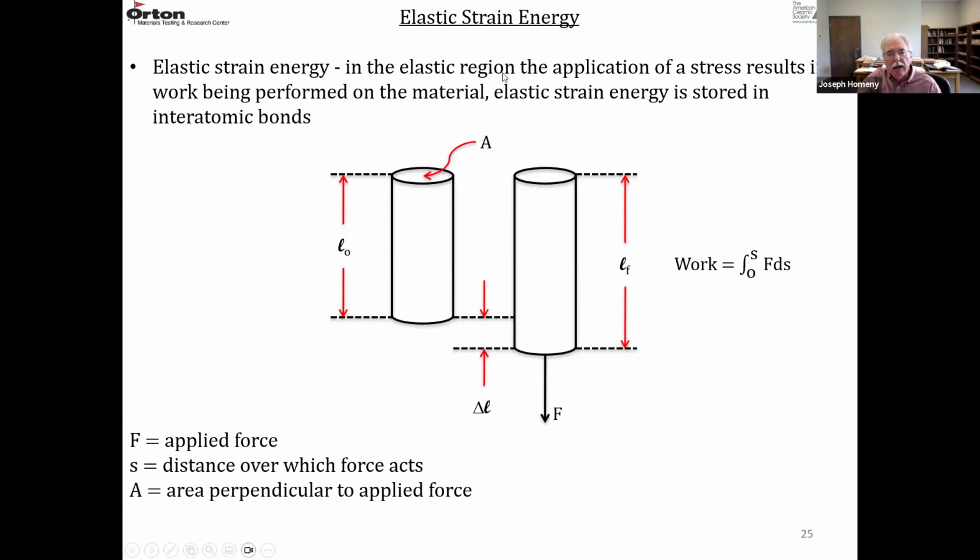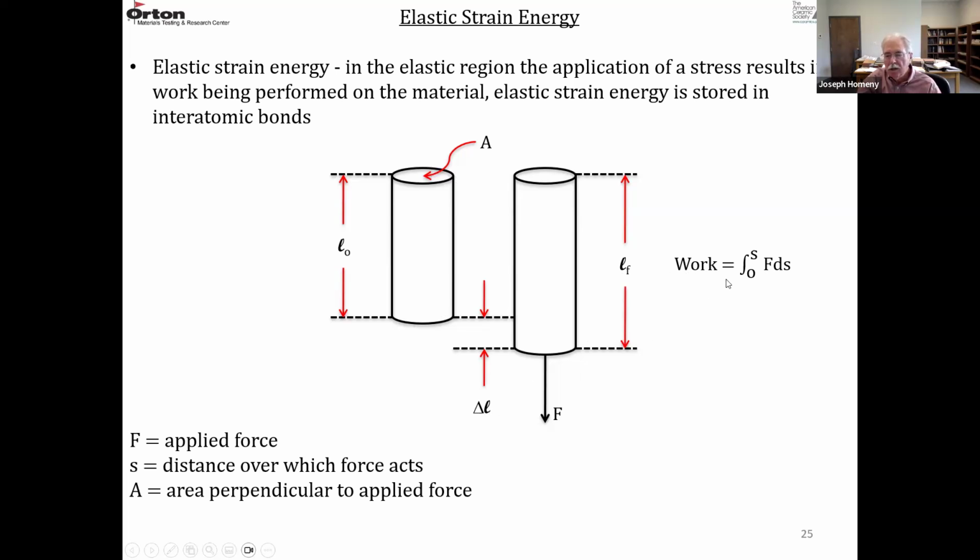In the elastic region, the application of stress results in work being performed on the material, and that results in stored elastic strain energy that's stored in the interatomic bonds. So if we start out with again our cylinder of cross-sectional area A and length L0, we apply a force. The new length is LF. The difference is delta L.